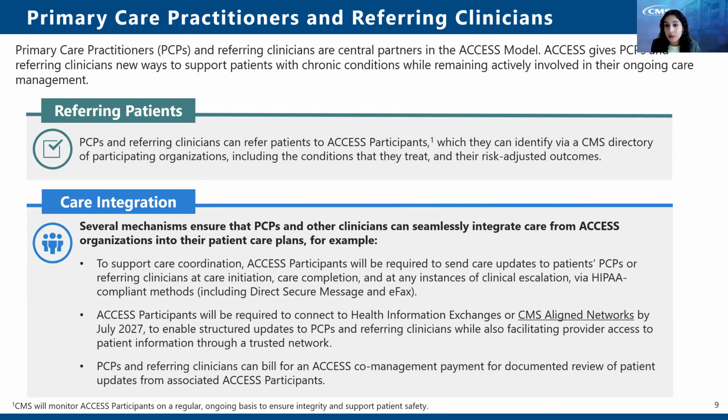The model is designed to balance a baseline level of structured push updates, which are the care updates, from Access participants to referring clinicians and PCPs at care initiation, escalation, and completion, as I mentioned, while also enabling pull updates for providers to access patient information through required Access participant connectivity to an HIE or an equivalent trusted network.